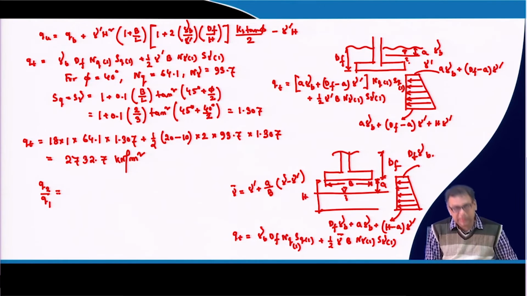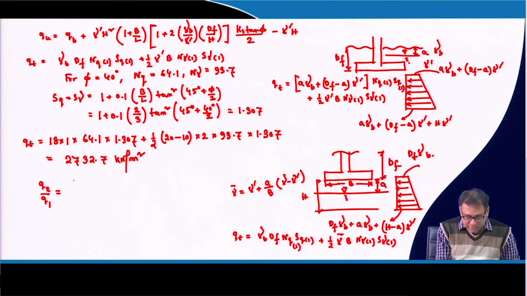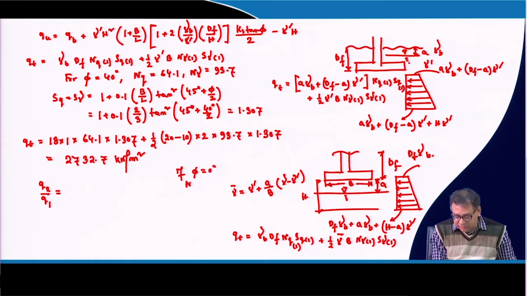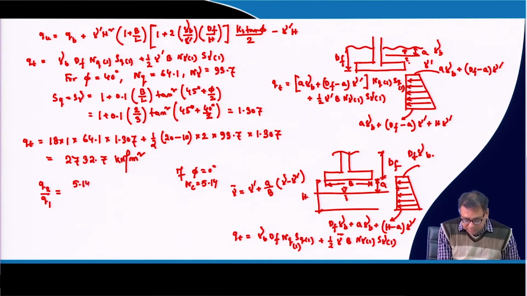If I put it on the surface, the second term is 0, and the bottom layer is cohesive soil, so the third term is also 0. Only the first term will be there, and for Nc, if phi is equal to 0 degrees, Nc is 5.14 as per the Meyerhof bearing capacity factor table. So this is 5.14 c2.